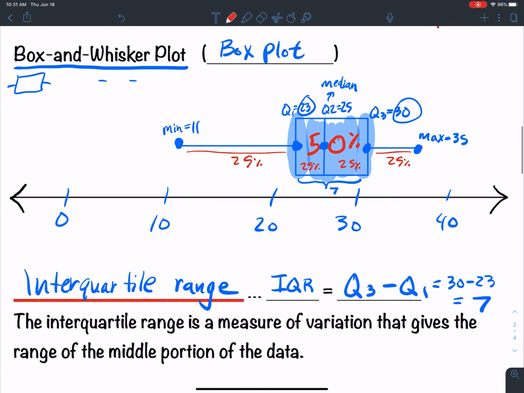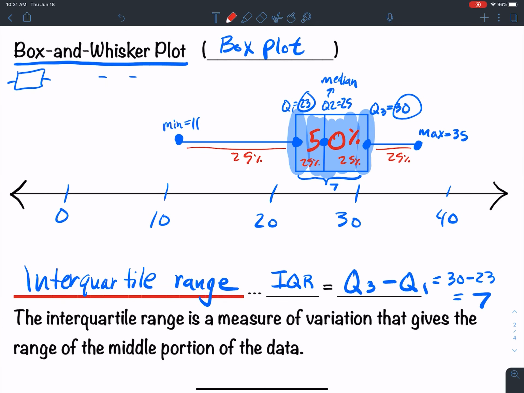So the interquartile range is like that inner 50% of the data, ranging from 23 to 30. This is the measure of variation that gives the range of the middle portion of the data. That's how I think of it.